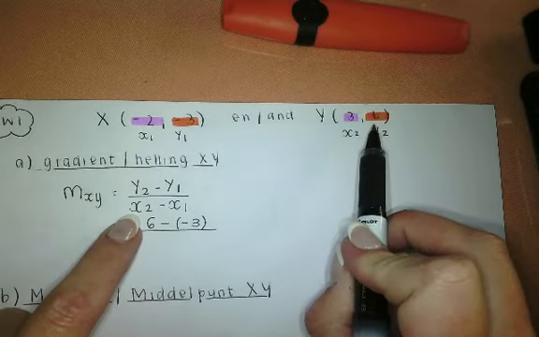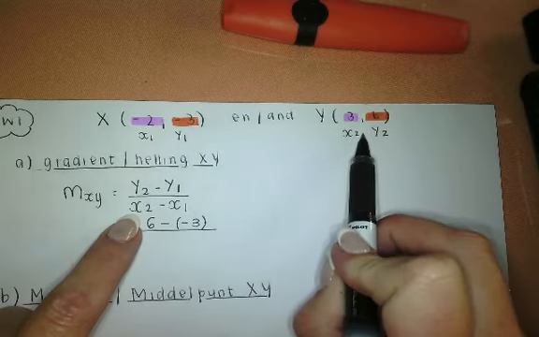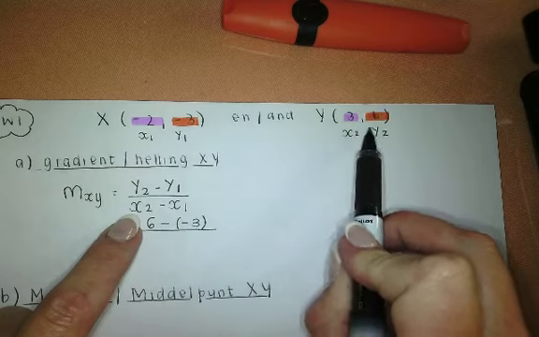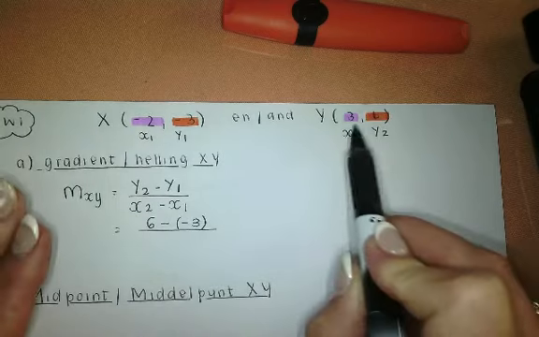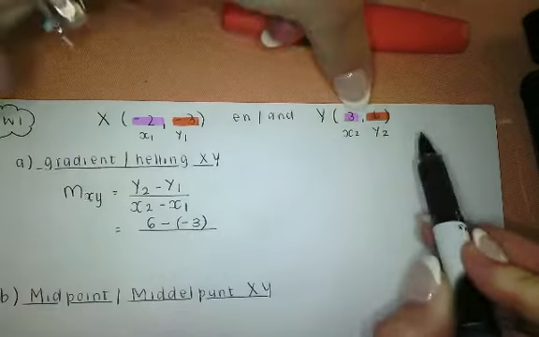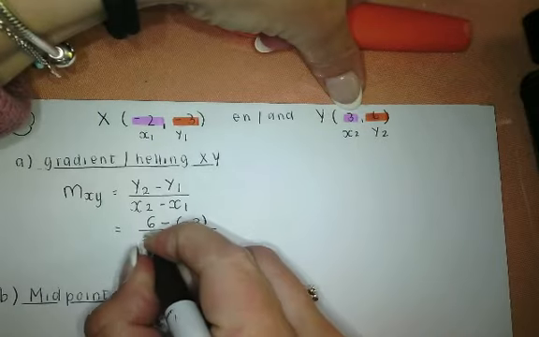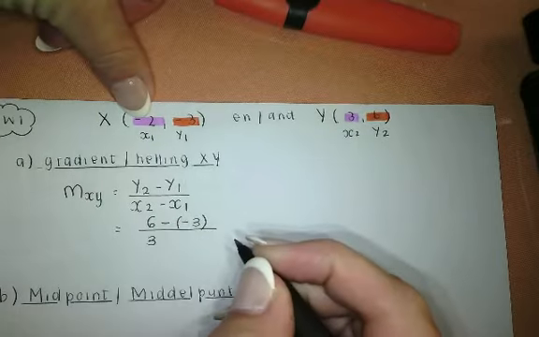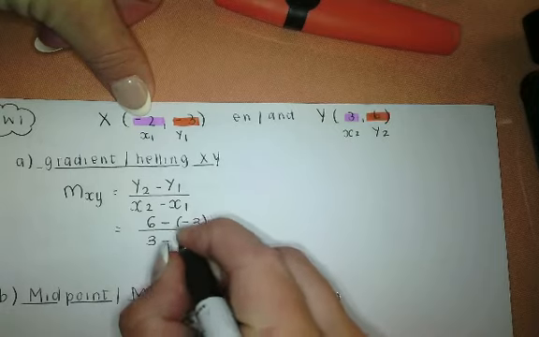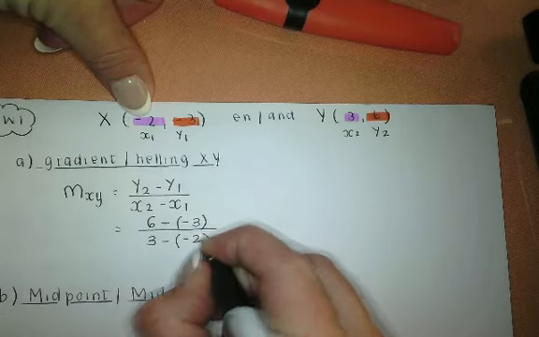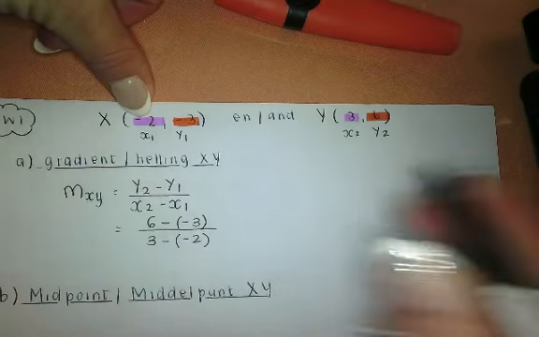Because I've made this y2, I need to start here with the x's as well. You can't jump from one to the other. It needs to be the same. So we start here. x2 is 3 and x1 is negative 2. So we're going to have a double negative as well. Negative bracket negative 2.